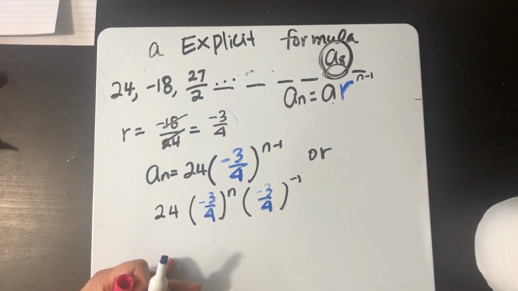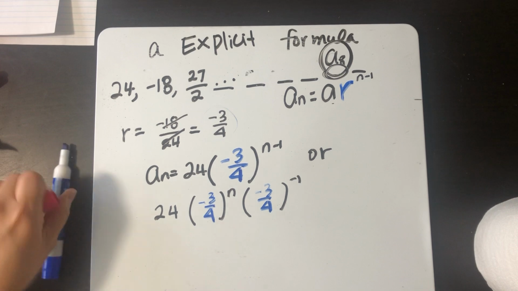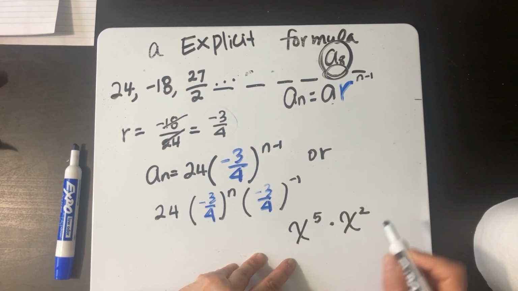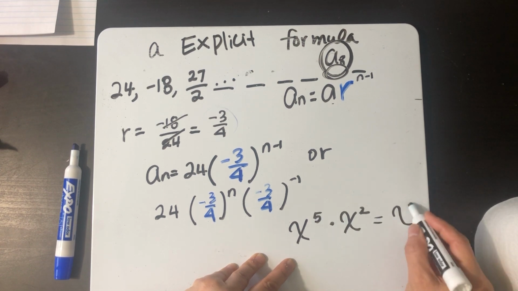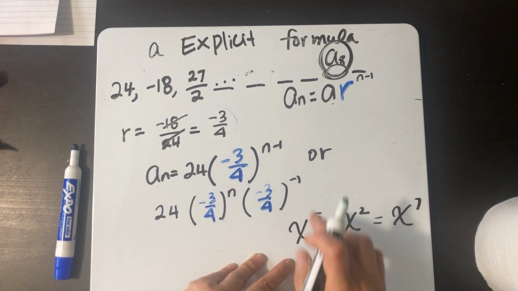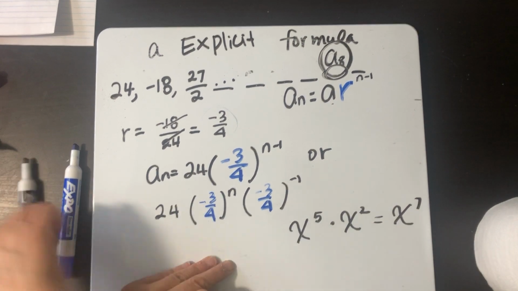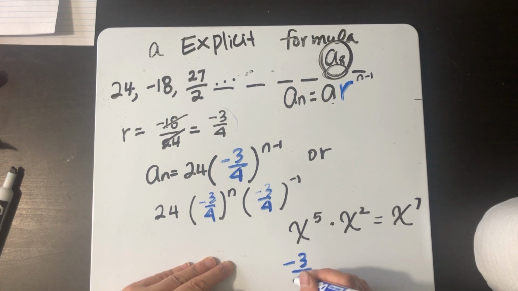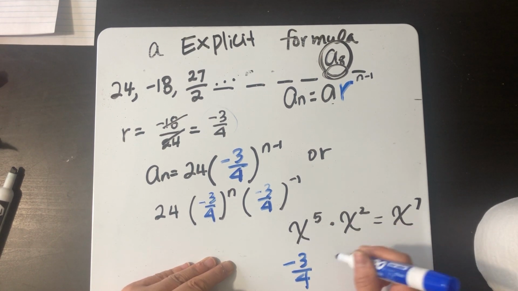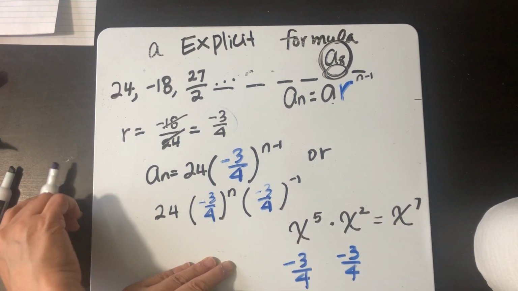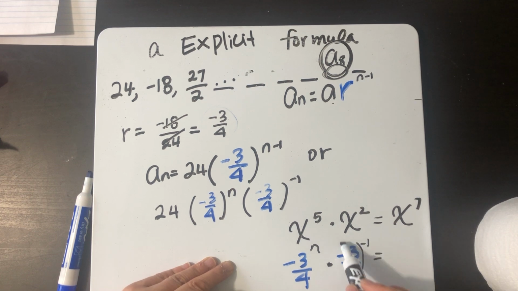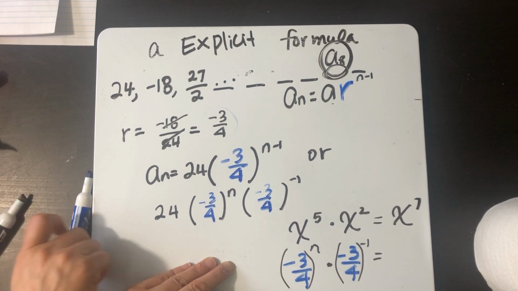You can do that because when you have x^5 times x^2, you add the exponents, so it becomes x^7. Here the same thing, with negative 3/4 in place of x.